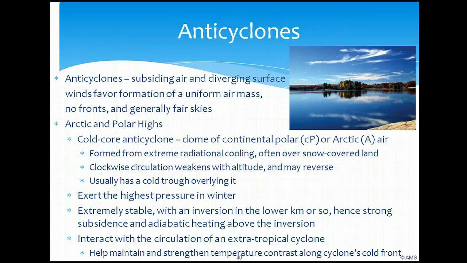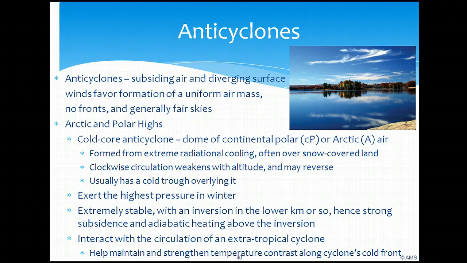Like cyclones, anticyclones have either cold or warm cores. A cold core anticyclone is a dome of continental polar or Arctic air, and cold anticyclones are products of extreme radiational cooling over the snow-covered continental interior of North America within the United States and Canada.